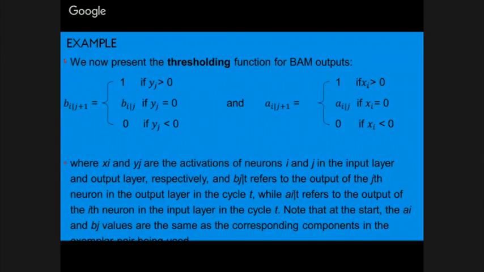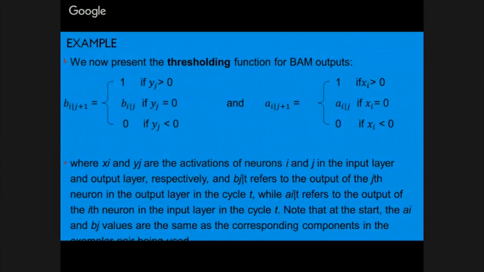Similarly for neurons in field A, we define the thresholding function in the same way. In cycle j plus 1 it would be 1 if the activation is more than 0, would be 0 if the activation is less than 0, and will remain unchanged if the activation is 0.